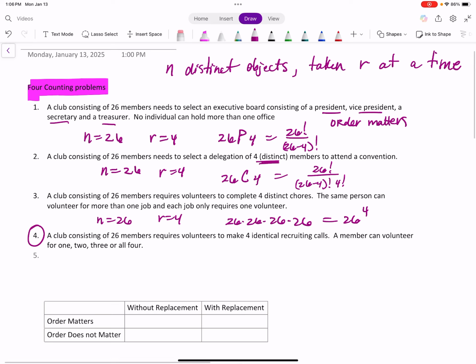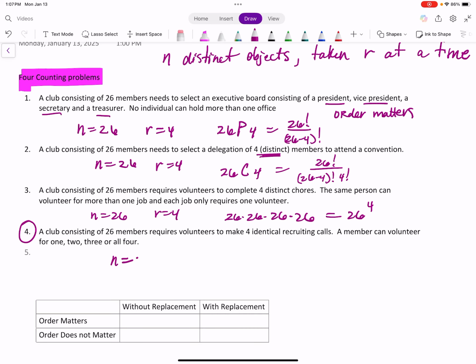This last one we haven't dealt with yet. A club consisting of 26 members requires volunteers to make 4 identical recruiting calls. A member can volunteer for 1, 2, 3, or all 4. So here again, N is equal to 26, R is equal to 4. We have distinct objects taken 4 at a time. Now, we're just looking at groups of 4.